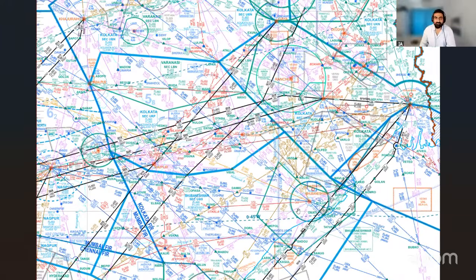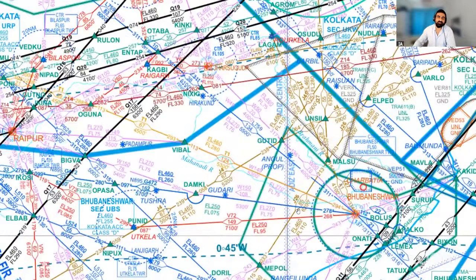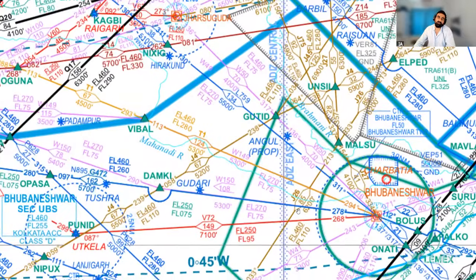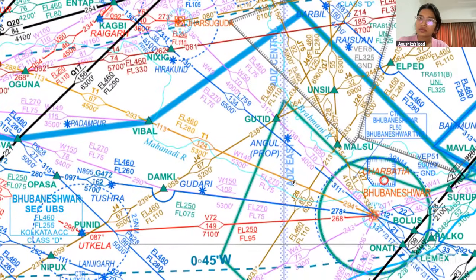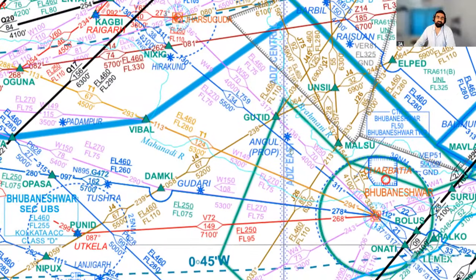It's the air defense identification zone boundary. This is air defense identification zone east, and this is air defense identification zone center. So maybe east, center, and west. Very few people spot this. Very nice. You see, there's a river also, Brahmani, Mahanadi.